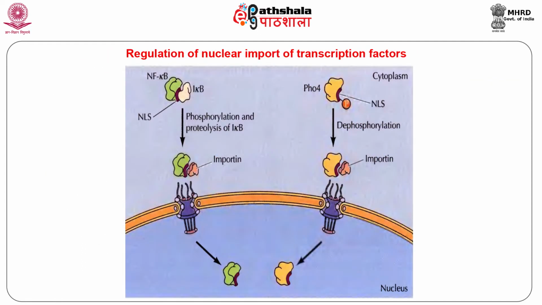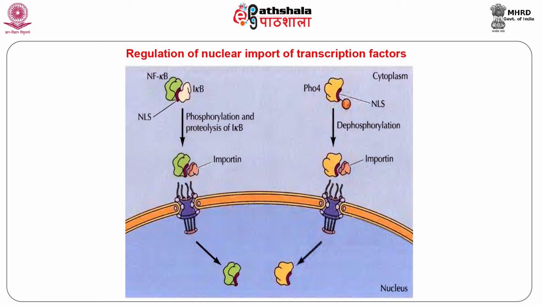Transcription factors are functional only when they are present in the nucleus. So, regulation of their import is a very unique way of controlling gene expression. The figure shows you 2 mechanisms of regulation for import of transcription factors.